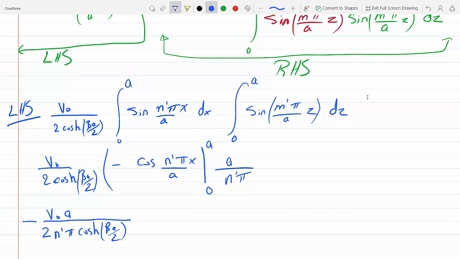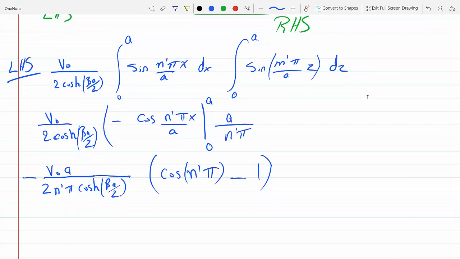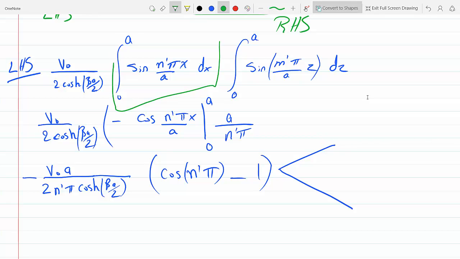If you plug in a, you get cosine n prime pi, minus, if you plug in 0, you get 1. What does this equal? If n prime is even, remember, I only evaluated one integral here, but the second one will be identical.